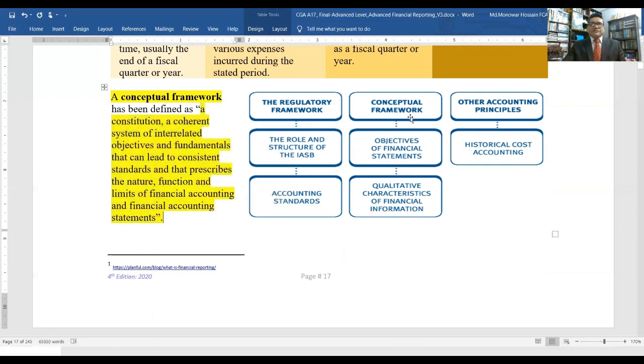The conceptual framework includes the regulatory framework, that means the role and structure of the IASB, the International Accounting Standards Board, and accounting standards; the objective of financial statements; the qualitative characteristics of financial information; and other principles, together with historical cost accounting.